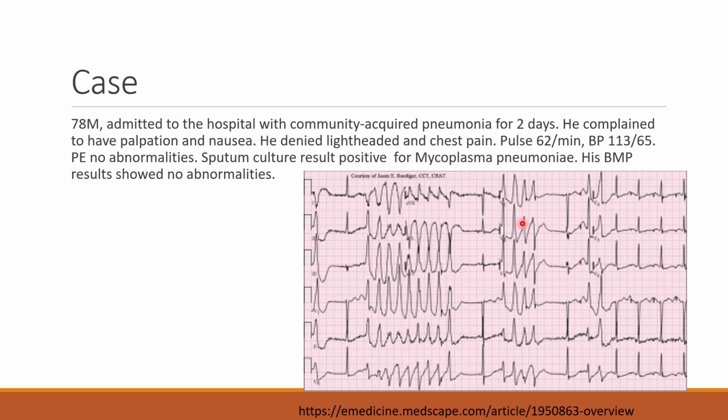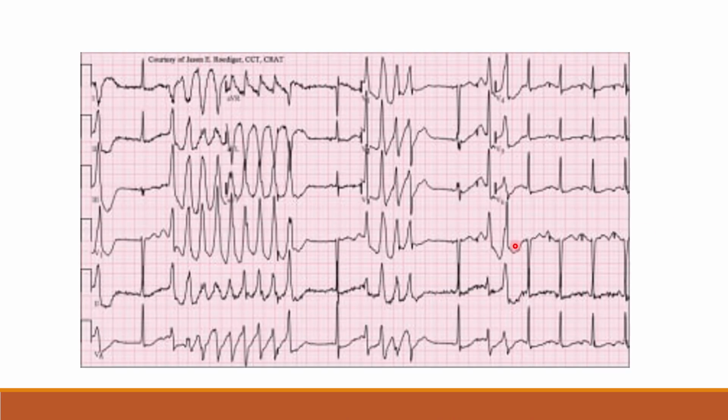are in the normal range. And we have his ECG here, and here we can see the pattern of this ECG. You can see they are not regular, so we call it polymorphic. Poly means many, and morphic means how it looks.